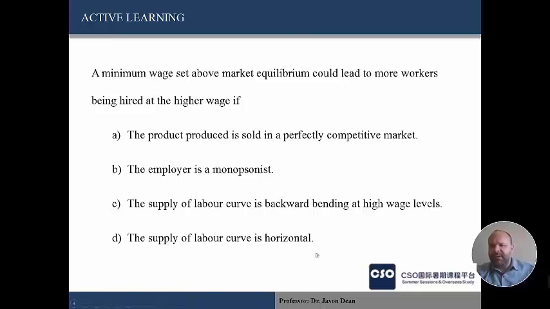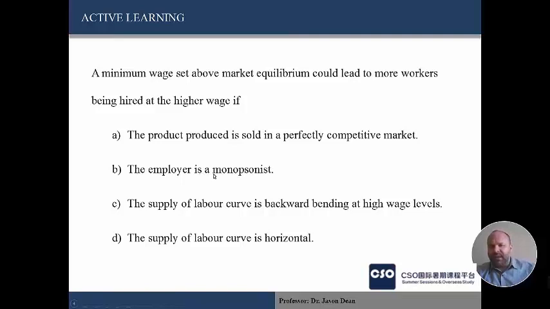Well, the supply of labor curve is horizontal only in perfect competition, and they can hire as much as they want at the going wage, so that's not true. If we're considering the backward bending portion of the supply curve, higher wages means less labor, so that's not true.